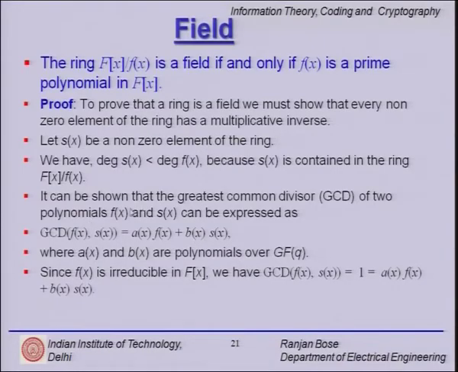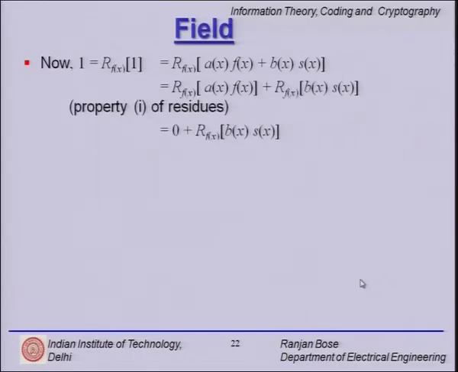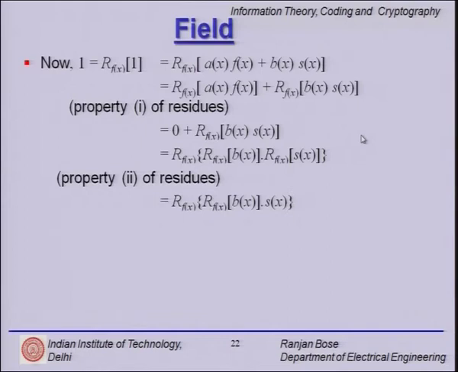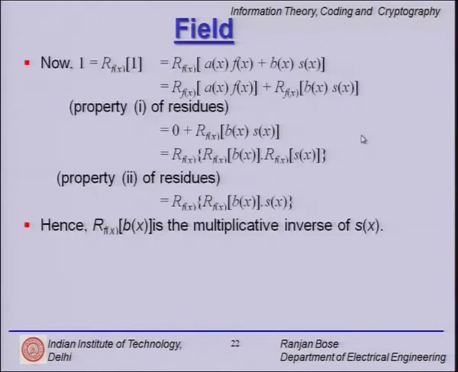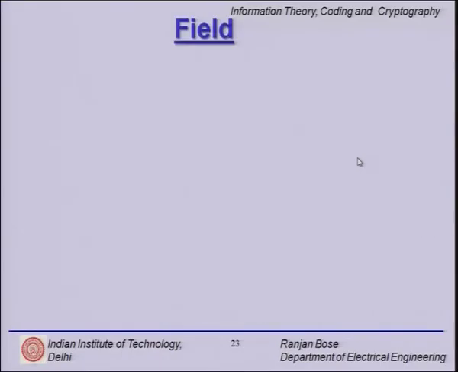We can show that the greatest common divisor, GCD, of two polynomials f of x and s of x can be written as follows, and then we show that since f of x is irreducible in F[x], we can write the GCD of f of x and s of x as 1. Now, we invoke the properties of residue and do some basic maths, and we can easily verify that you can indeed have the condition of a multiplicative inverse.